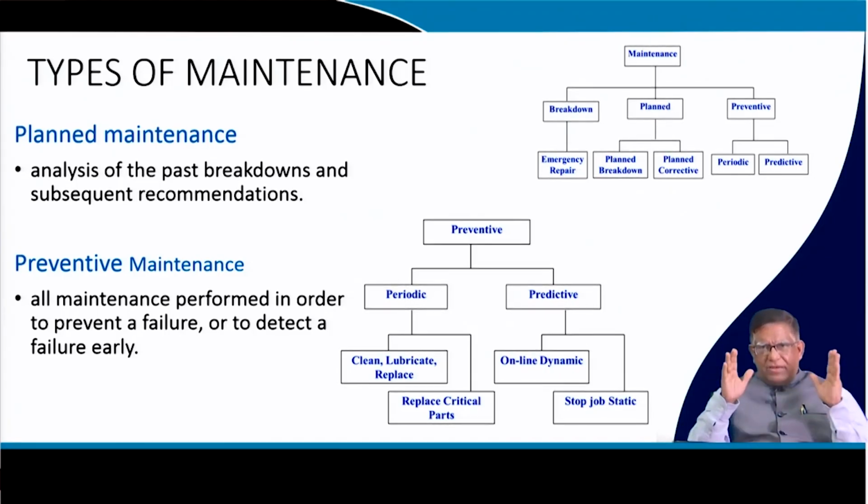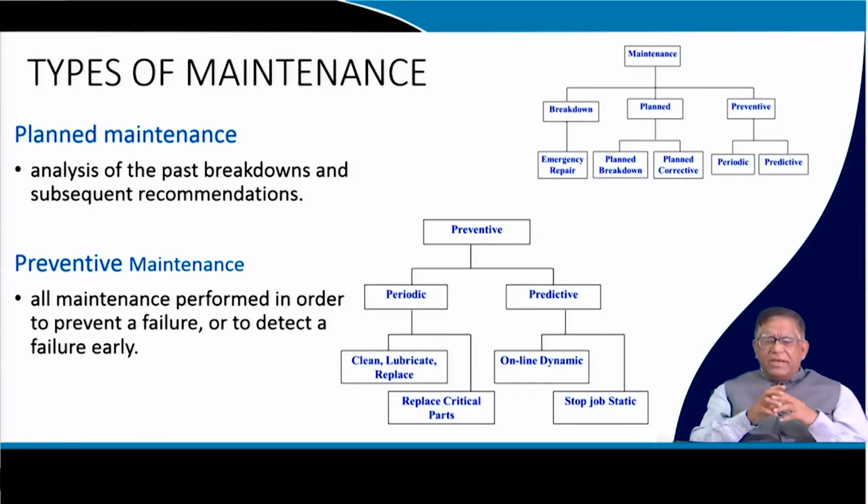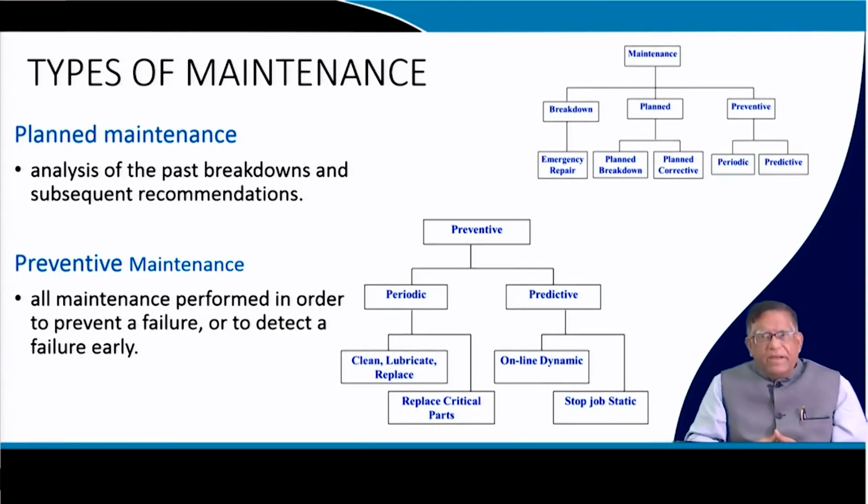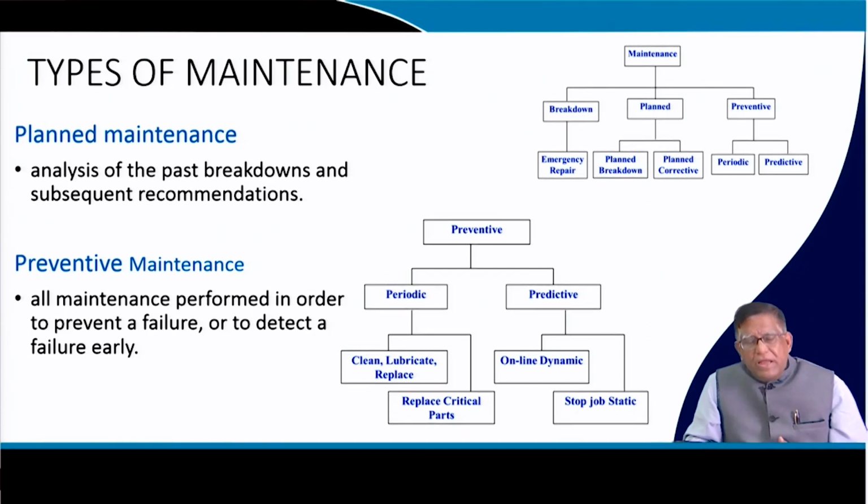As we have said already, your types of maintenance are either planned maintenance or preventive maintenance. In planned maintenance, we can plan the routine or the checklist for breakdown, plan and preventive, under these 3 categories.